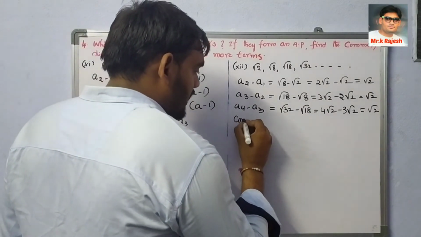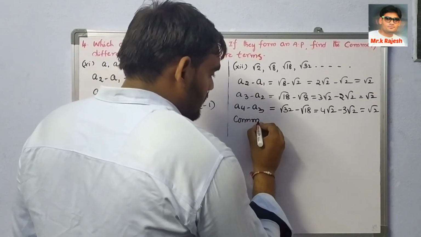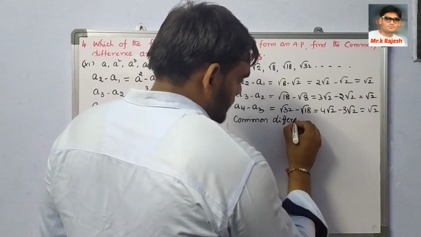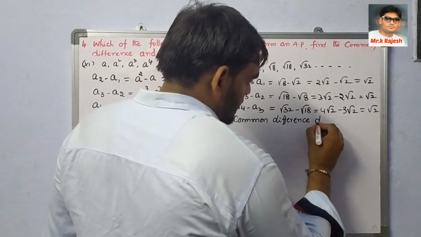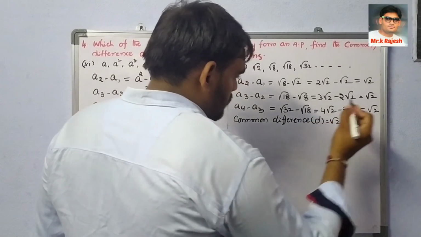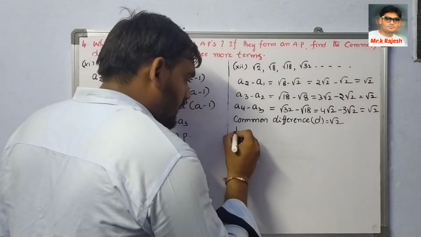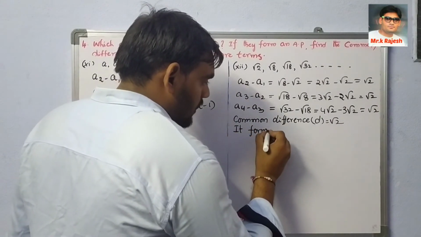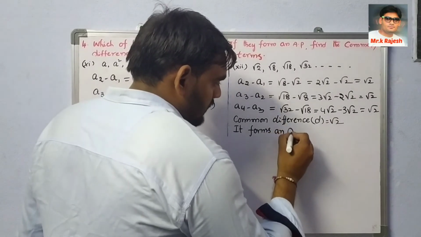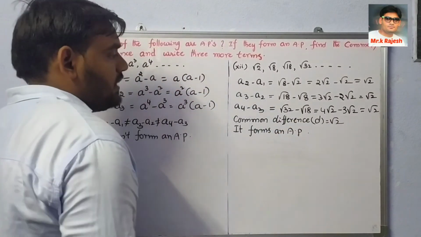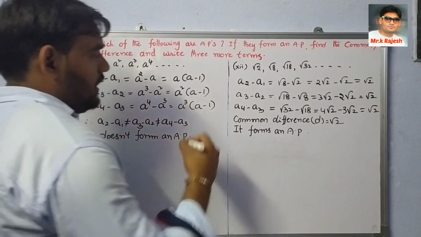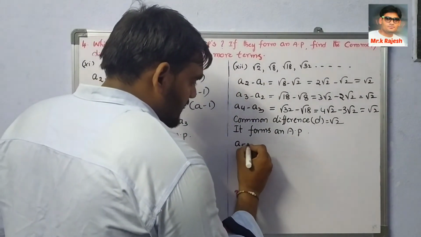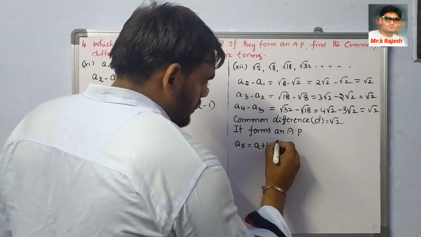So common difference d is equal to root 2. So it forms an AP. After that, we need to find next 3 more terms. So here, a5 is equal to a plus 4d.